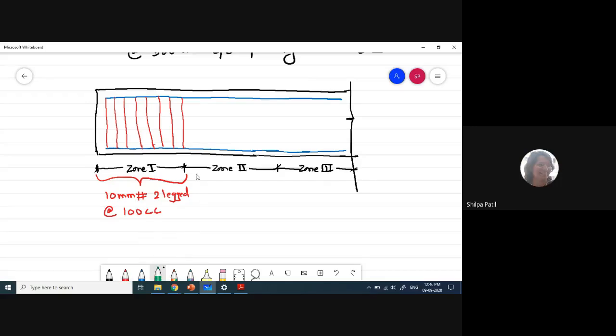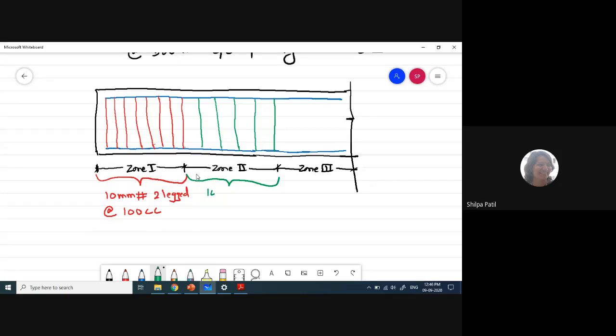Now, in the second zone, I have to write down in this zone. So before that, I will draw the stirrups also here. Whatever the spacing you have shown here approximately, a little bit increased spacing you have to show, because the spacing for zone 2 we have calculated is 180 mm, right? So a little bit at a larger distance.